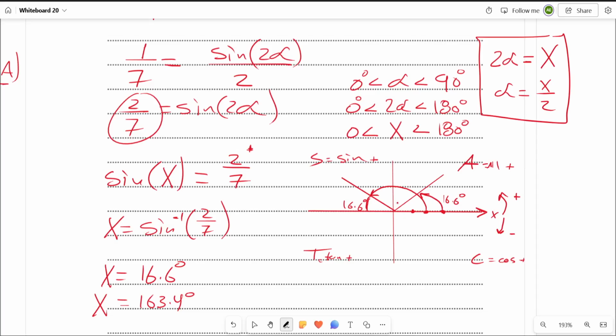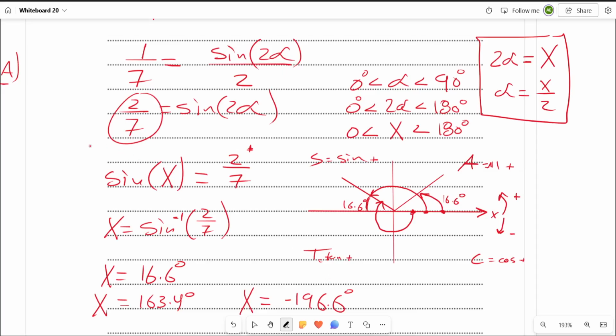Also, we can find the negative solutions. If you start from here and move the other way around, this is a whole 180 plus 16.6, so that's 196.6 in the negative direction. So an x value also would be negative 196.6 degrees.